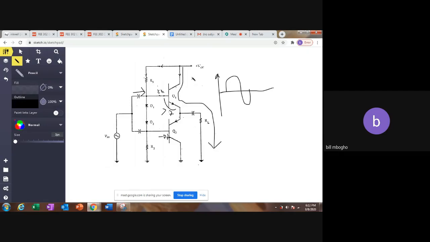Notice that here we are drawing this IC from the source.